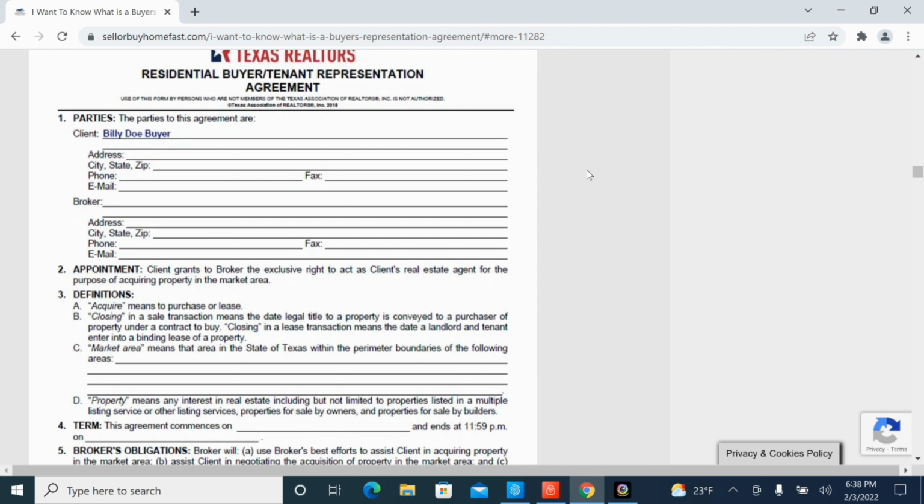After you tell the realtor your specifications, typically a realtor will somehow show you this buyer's representation agreement form.